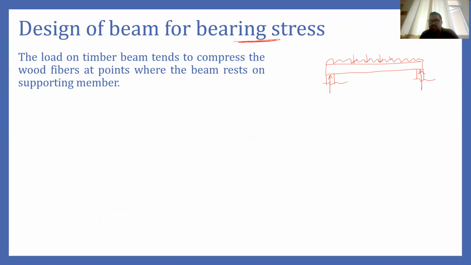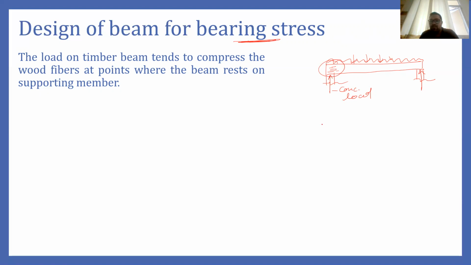At the point where reaction is generating, this reaction can be treated as a concentrated load. And this concentrated load is trying to compress the fibers of the wood. This compression should not occur, otherwise our beam will fail from the ends.